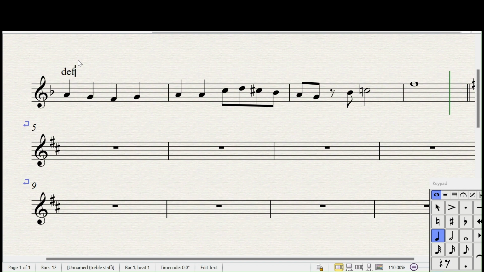So D, E, F, G, A, B, C, D. I just have my 7 letters so I can check. The key of this song is F. Right here, this is my F, and we want it down here on D. F is 1, E is 2, D is 3. So the sound needs to be made lower by an interval of 3.